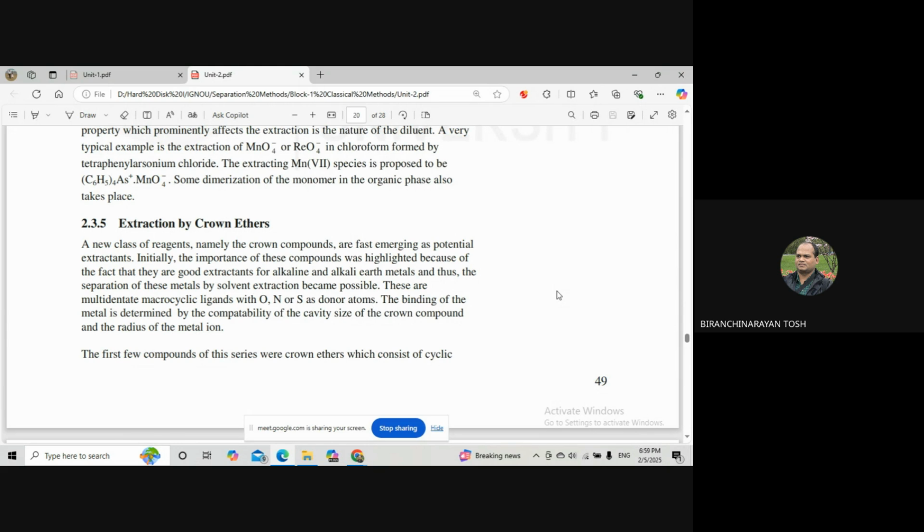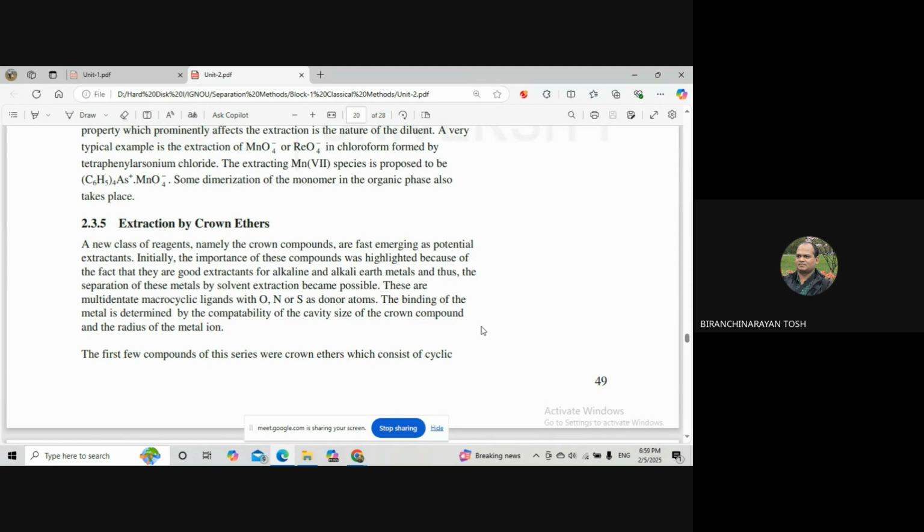So these are multidentate macrocyclic ligands with oxygen, nitrogen, or sulfur as the donor atom, the crown ethers. The binding of the metal is determined by the compatibility of the cavity size of the crown compound and the radius of the metal ion.